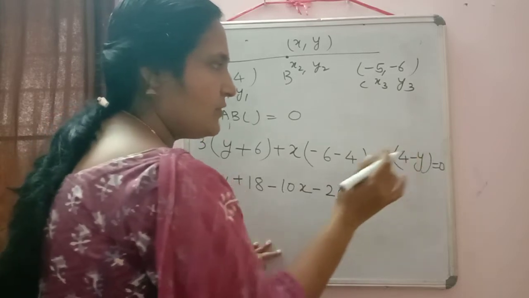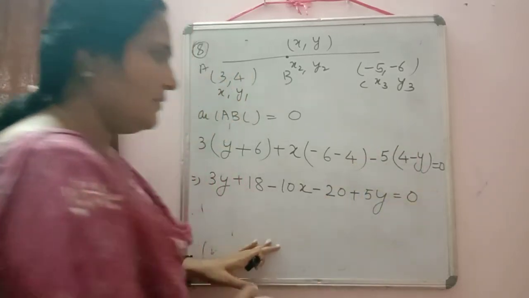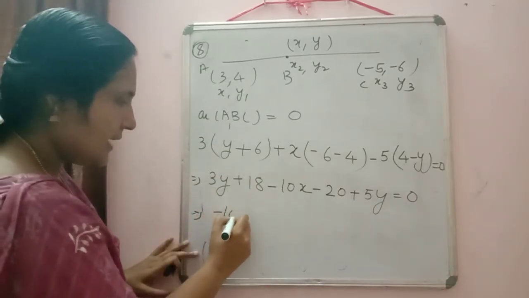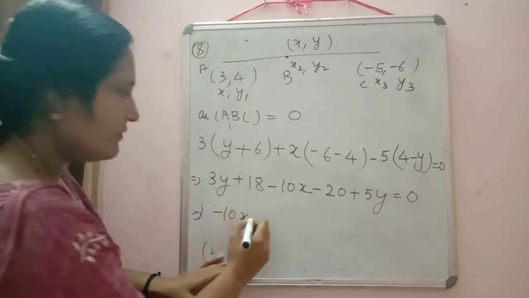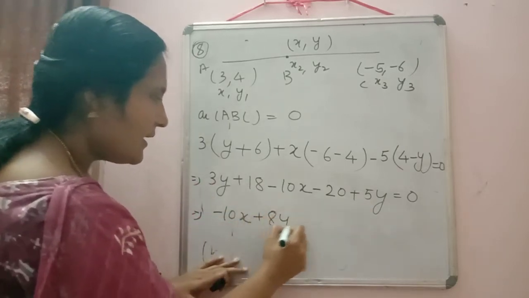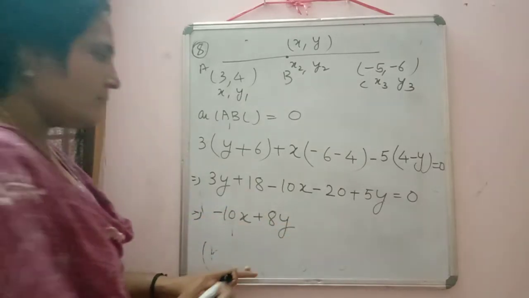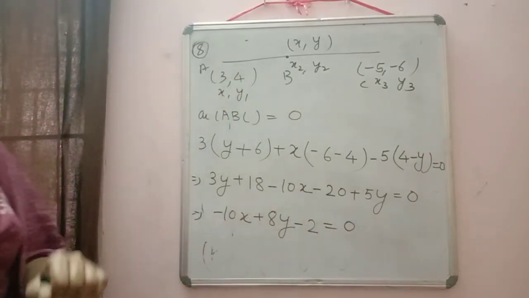And minus 5 into y will be equal to plus 5y is equal to 0. So we are getting here minus 10x. 3y plus 5y will be equal to plus 8y. And then 18 minus 20. 18 minus 20 will be equal to minus 2 is equal to 0.